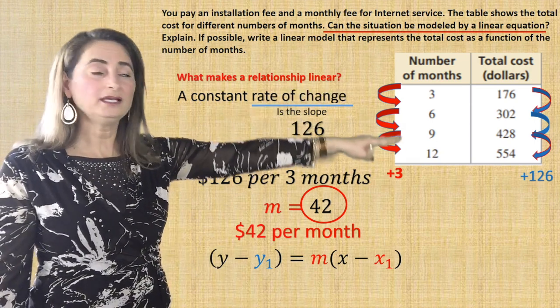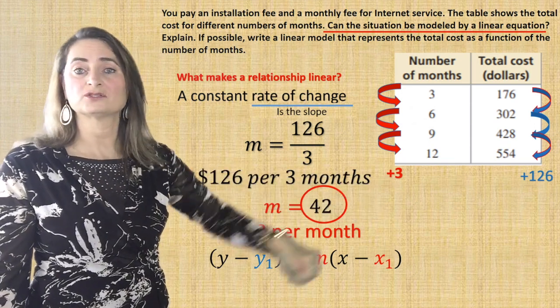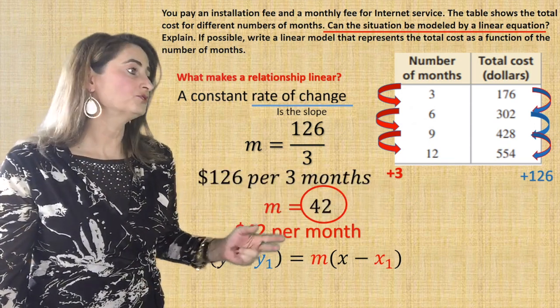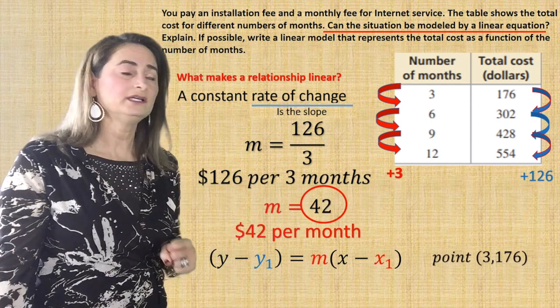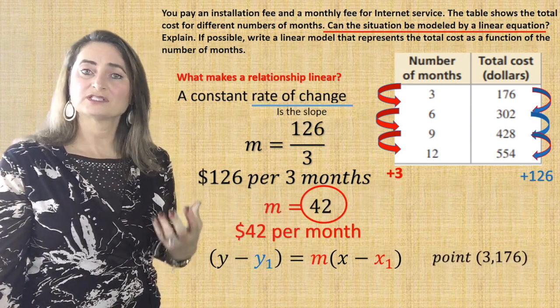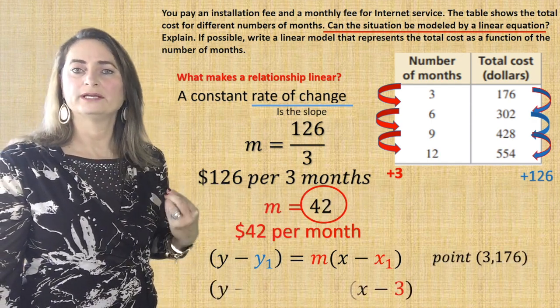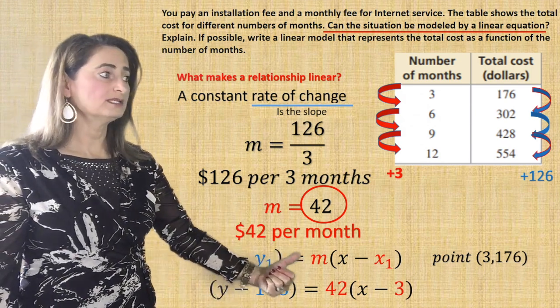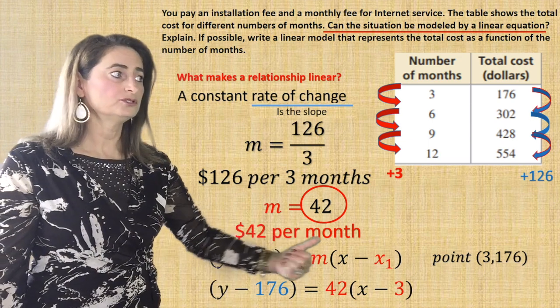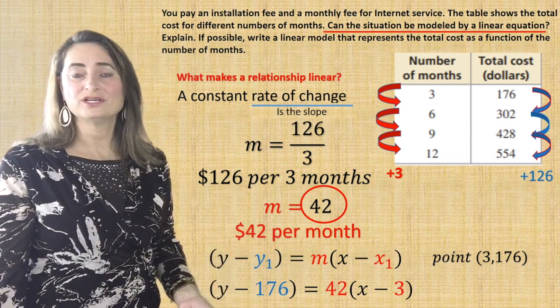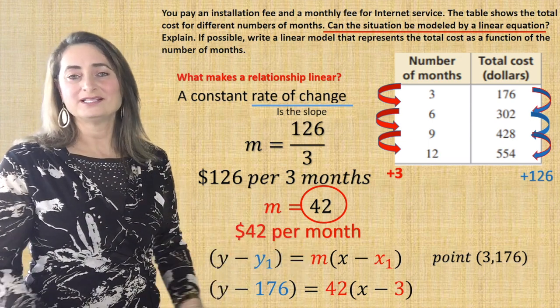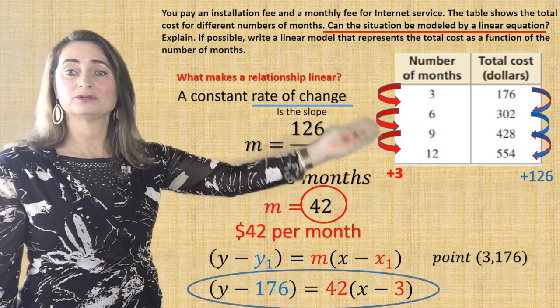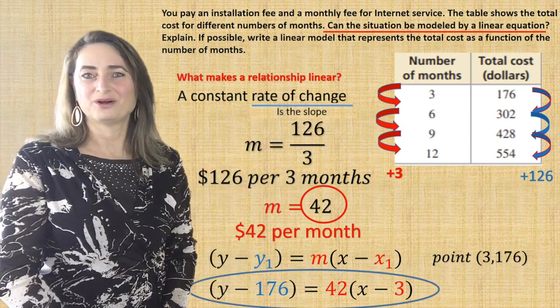Remember, you can take any of the points because they all are solution to that equation. And I would choose the first one where x is 3 and y is 176. Now substitute x1, y1, and the slope in the equation. You end up with y minus 176 equal 42, which is the slope, times x minus 3. 3 is the x1. And that's how you write the equation from a table and a word problem.